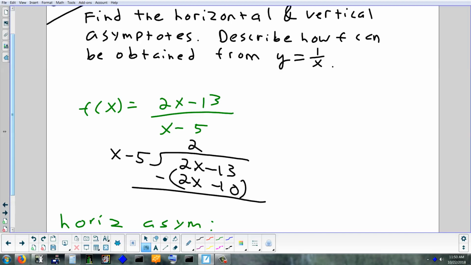What's nice is the long division, it's not super long in this kind of problem, so it's not a ton of stuff you got to do. 2x minus 2x is gone. Negative 13 minus 10 becomes plus 10. Negative 13 plus 10 is negative 3. So, f of x, if I rewrite it, is equal to quotient plus remainder over my divisor.